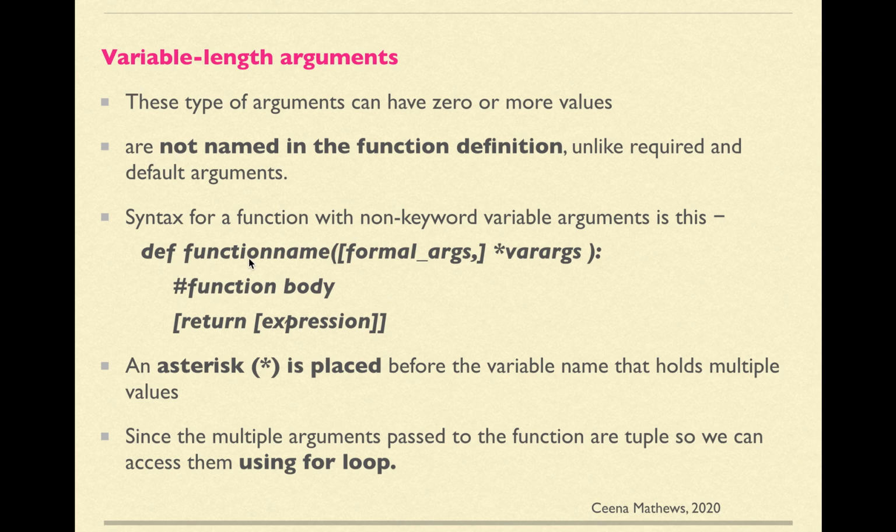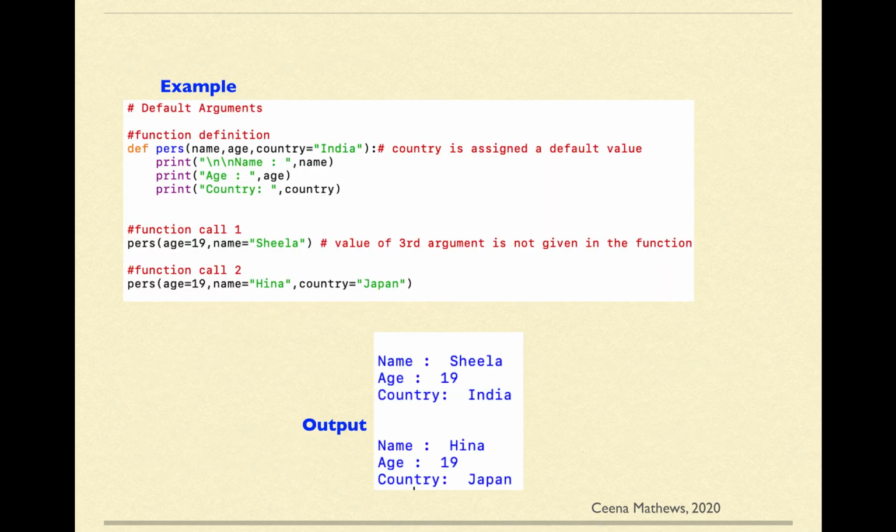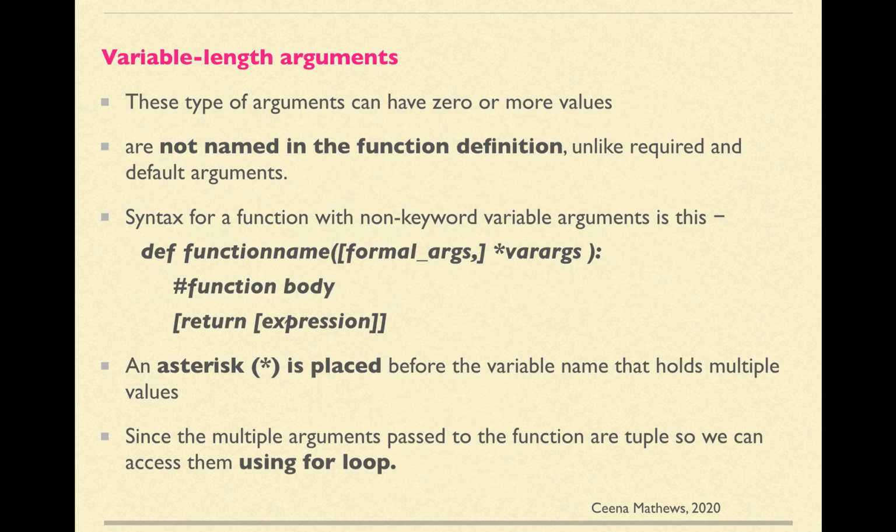Following the function header, we have the function body, and the return statement is optional. As we saw in the previous example, in this function definition we haven't used a return statement, but still the function works. So return is optional, and the expression is also optional.